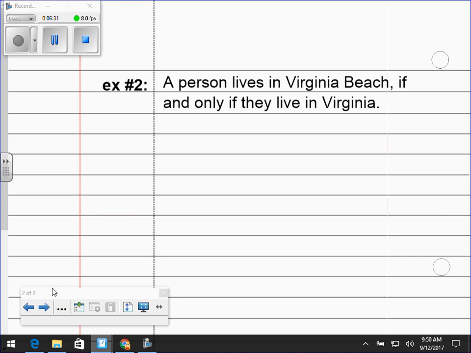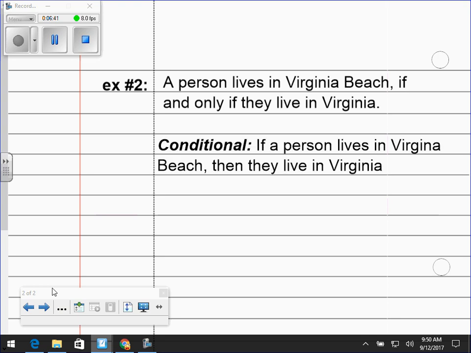All right, so then we would need to come up with the conditional and the converse. The conditional, remember, we're going to take from the first part of this statement. So the conditional would be, if a person lives in Virginia Beach, then they live in Virginia. And we have to pull it in the order that it was given in the biconditional.